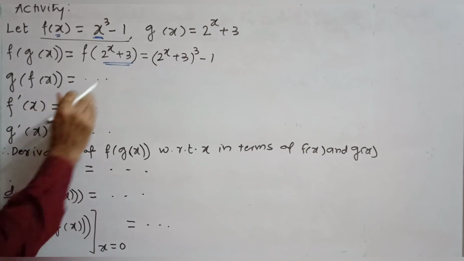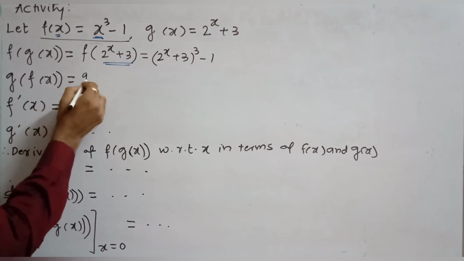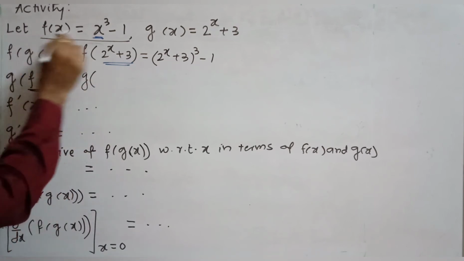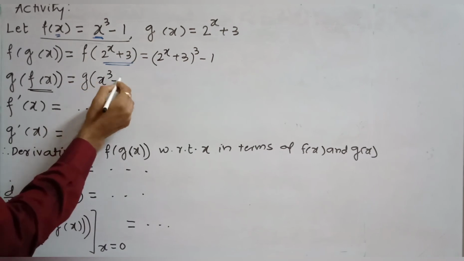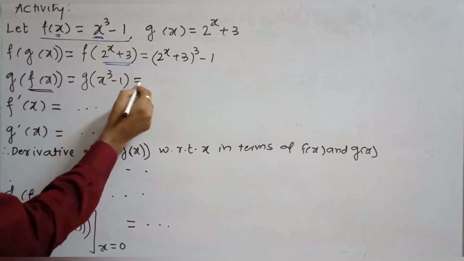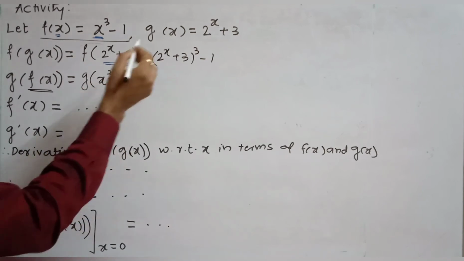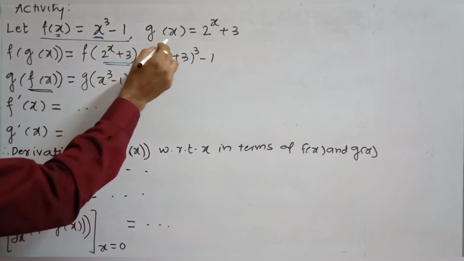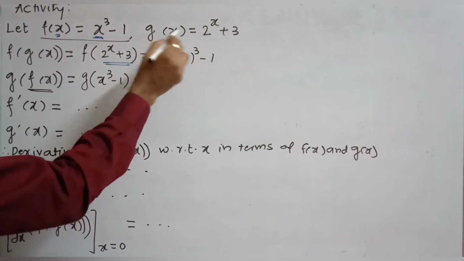g of f of x is g of, what is f of x? f of x has to be written from the definition. It is x cube minus 1. So g of f of x is written as g of x cube minus 1. And g of x cube minus 1 will be found from g of x's formula. g of x is 2 raised to x plus 3. So if you use x as input, what is the output?